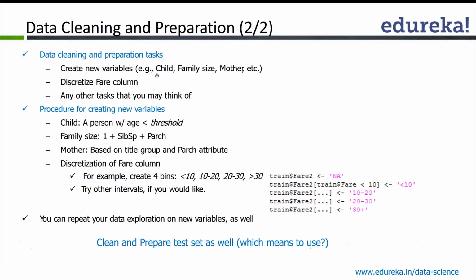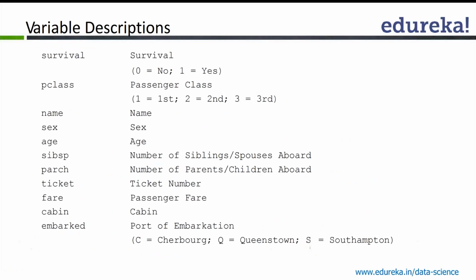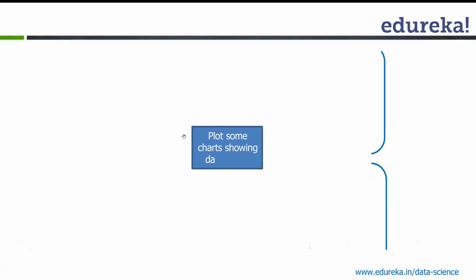Okay, whether a particular passenger is a mother or not. Okay, that you can get information from these things, right? Number of siblings and spouses, number of parents or children, and the gender of the passenger. With that, you can kind of derive whether a particular passenger is a mother or not.